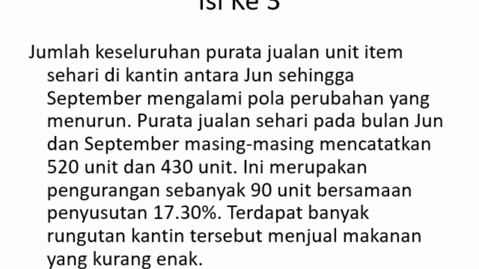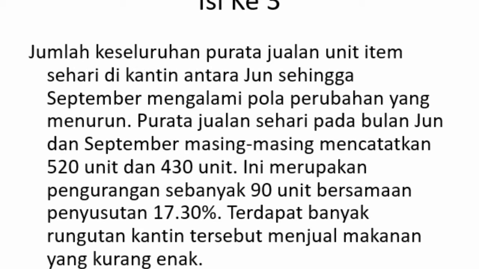So isi ketiga will sound like this. Jumlah keseluruhan purata jualan unit item sehari di kantin antara Jun sehingga September mengalami pola perubahan yang menurun. Purata jualan sehari pada bulan Jun dan September masing-masing mencatatkan 520 unit dan 430 unit.